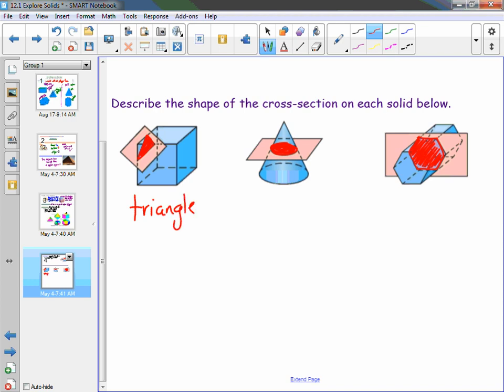With this one, if the cross section is parallel to the base, the circle. If it's drawn that the cross section is clearly not, you're going to get an oval, or we call it an ellipse. So it will be clear when it is not parallel. And lastly, 6 sides make a hexagon.